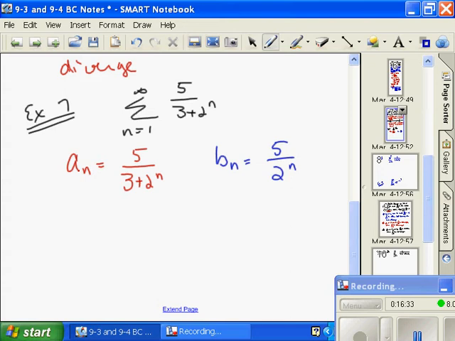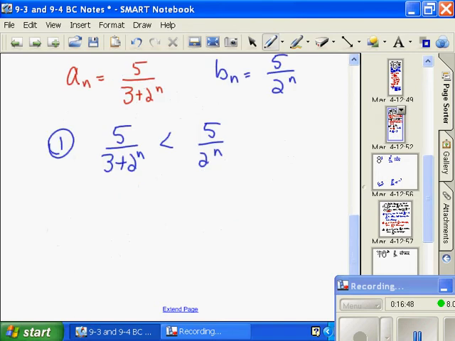Now you have to figure out which one's larger, which one's smaller. So the first thing I think about is my 5 over 3 plus 2 to the n has a larger denominator, so it's going to be less than 5 over 2 to the n. Okay? So let's look at that one. If I look at the summation of 5 over 2 to the n, isn't that geometric?